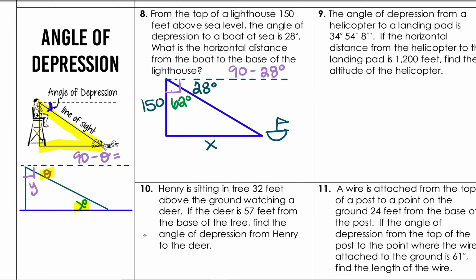So you can solve the problem now, or you could simply say, well, I know the angle of depression has to be congruent to the angle of elevation because these are alternate interior angles. So in one way you would have opposite and adjacent, so you would use tangent. If you use the angle of elevation here, you still have opposite and adjacent.